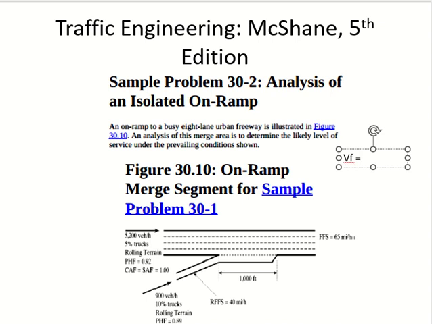So you have to find out the FHV factor, and then you divide the volume which is given with the FHV and peak hour factor. Same thing for both of them.